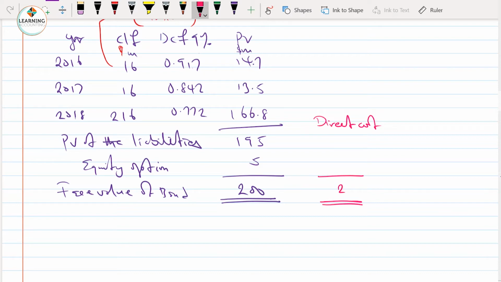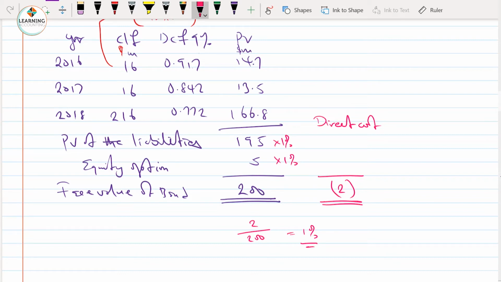The direct cost is 2 million, which we have to subtract, but if you look carefully, 2 million is 1% of 200 million. Therefore, we can just multiply by 1% to get the direct cost. Again, 2 over 200 is basically 1% of the total face value of the instrument.